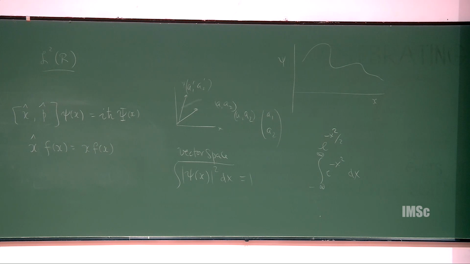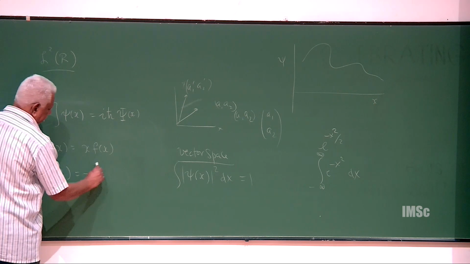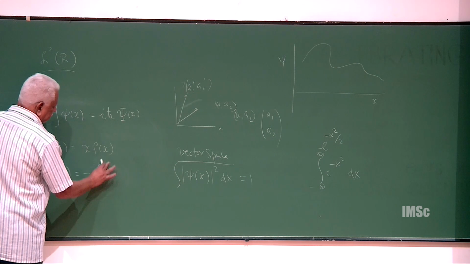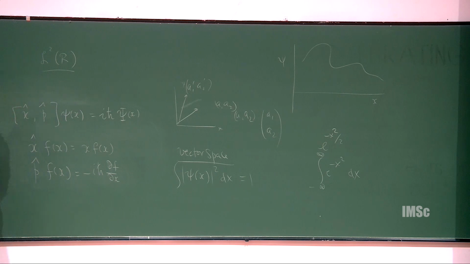You should distinguish between hat and unhatted. And similarly, what is p hat? P hat f of x is minus i h bar df by dx. P hat acting on f of x only differentiates it, with a constant which is minus i h bar, and gives you that answer. So that's what you are having.